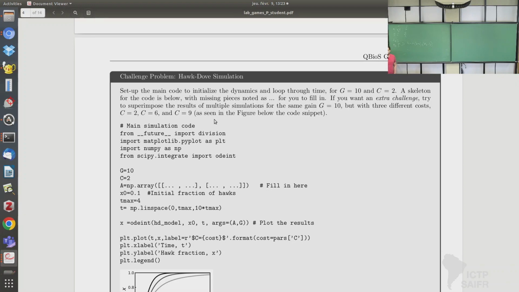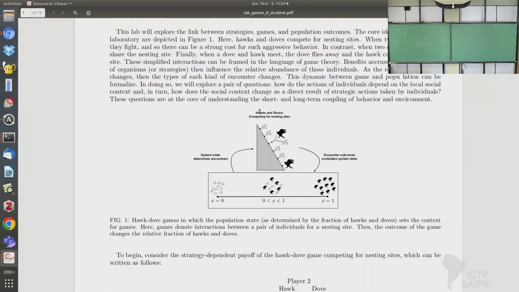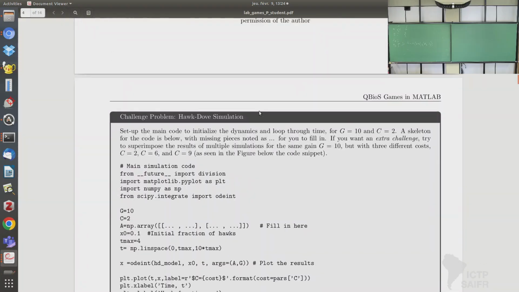And the text is essentially a recap of what we did yesterday. Yeah, maybe it's not super clear.